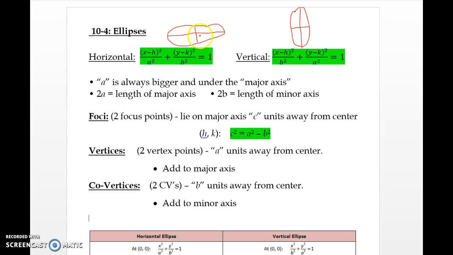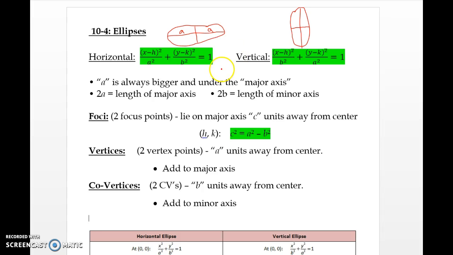So here your x is longer, that's the major axis. Your y is shorter, that's your minor. a is under x, b is under y. So a is major, b is minor. Same thing over here. The length, this part is a, from the center out, and then from the center out, this part is a.